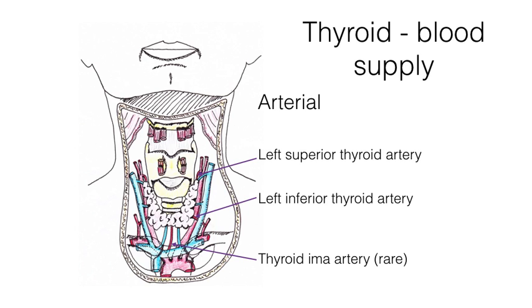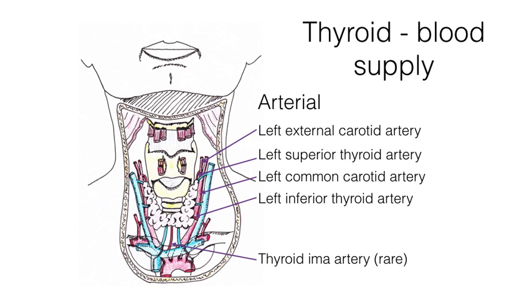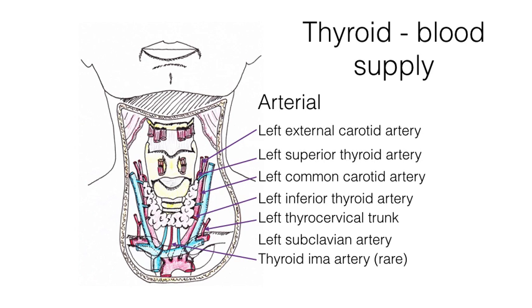The superior thyroid artery is the first branch of the external carotid artery, and the external carotid artery arises from the common carotid artery. The inferior thyroid artery is a branch of the thyrocervical trunk, and this in turn comes from the subclavian artery. The IMA artery usually arises from the brachiocephalic or innominate artery.